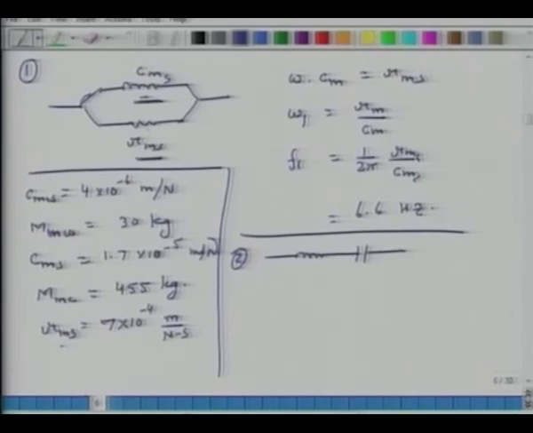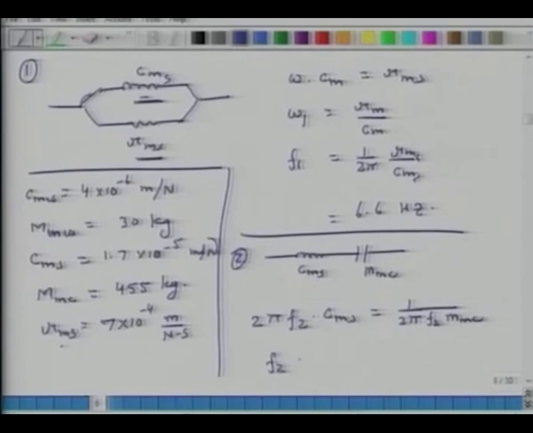So my second breakpoint is, below 6.6 hertz I can neglect this resistance, and I have this circuit in an approximate sense. There will be some current flowing through the resistance also, but in a very approximate sense, I have CMS and here I have MMC, and the condition for resonance would be 2 pi F2 times CMS equals 1 over 2 pi F2 MMC.